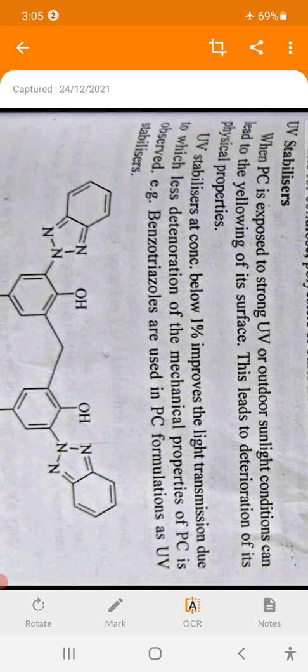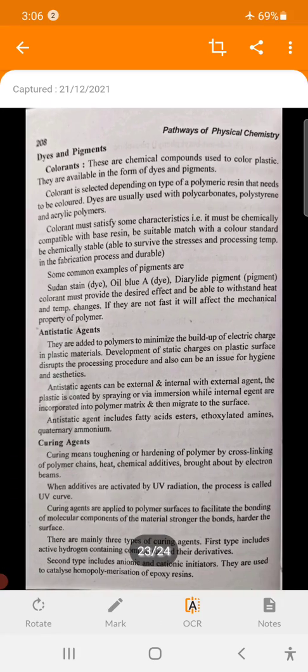They improve the light transmission, due to which less deterioration of the mechanical properties of polymers is observed. The benzotriazoles are used as UV stabilizers in polymer synthesis.